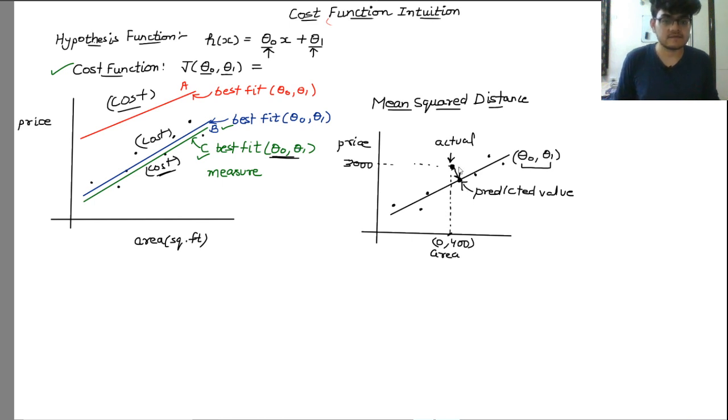Now this distance can be calculated like this. What you just need to do is find the projection. For this hypothesis function, there will be some value. I'm going to say it is xi comma yi, and since this is the hypothesis function, I am going to write a cap on them so that we know this is the predicted value, not the actual value.